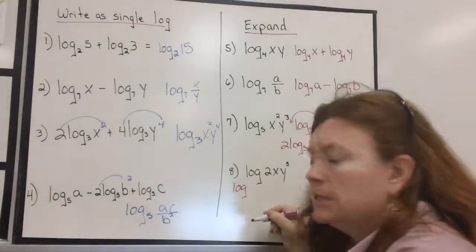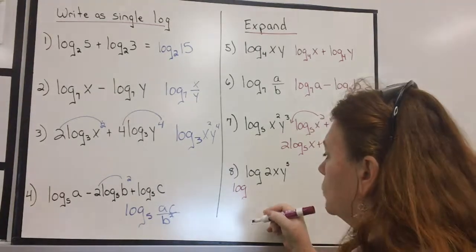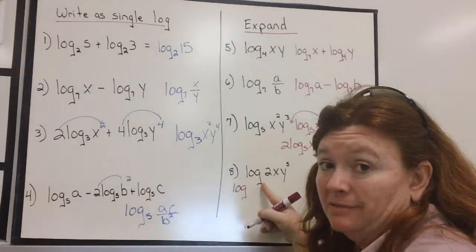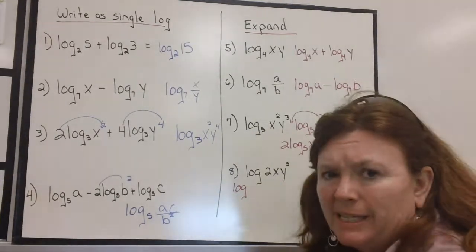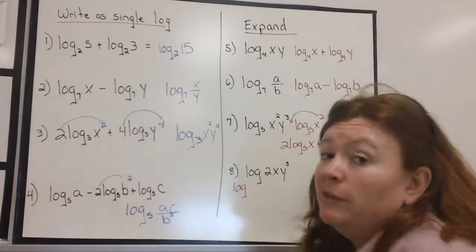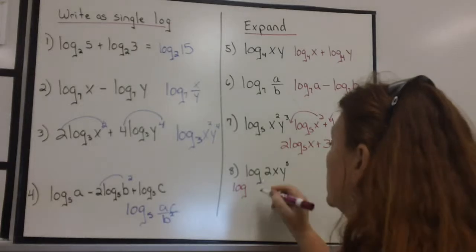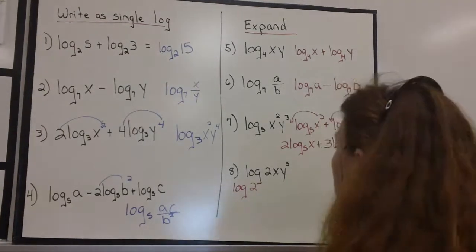Is 2 my base? It is not. I have no base. What is it supposed to be then? It's an understood 10. Remember, when there's no base, it's an understood 10. Do I need to write a 10? Nope. I don't even have to. If you want to, you can. You can write a 10 down there if you want. But it's just log of 2. There wasn't one to start with. You don't have to write it.